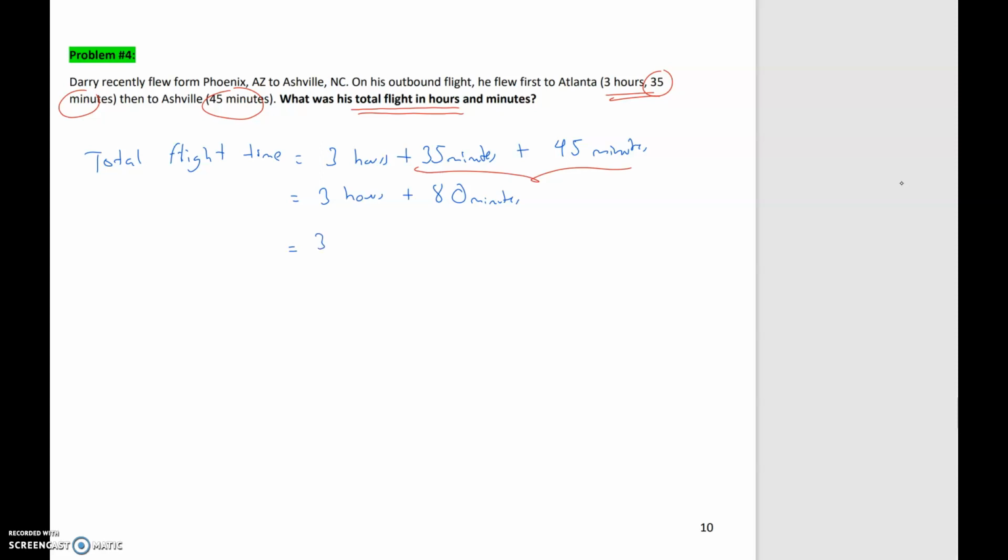So this is going to be equal to 3 hours plus 60 minutes plus 20 minutes. And then technically the 60 minutes is equivalent to 1 hour. So let me just rewrite it. This is going to be 3 hours plus 1 hour plus 20 minutes, or 4 hours and 20 minutes.